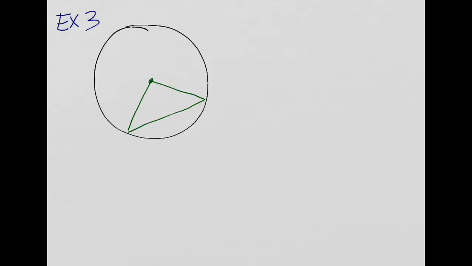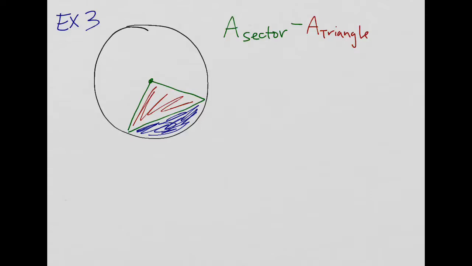We're going to find the area of this segment that I'm shading in blue, which means I need to take the area of my sector, so we just found that whole pizza slice, subtract the area of a triangle, this part here, in order to find the area of my segment.